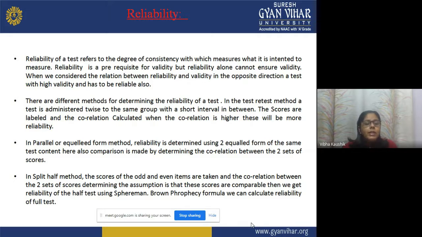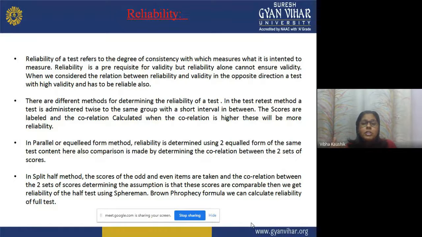Now, reliability of a test refers to the degree of consistency in the results or in the scores with which it measures what it intended to measure. And what it is measuring is the thing that the test is intended to measure. Reliability is a prerequisite for validity.